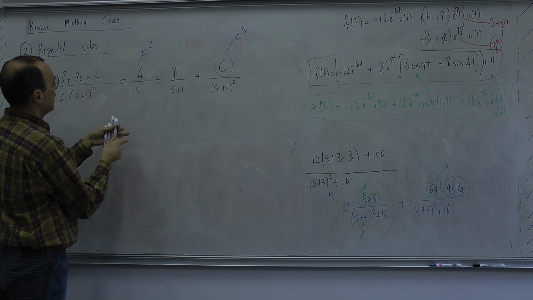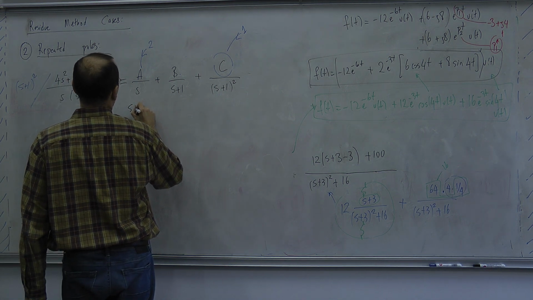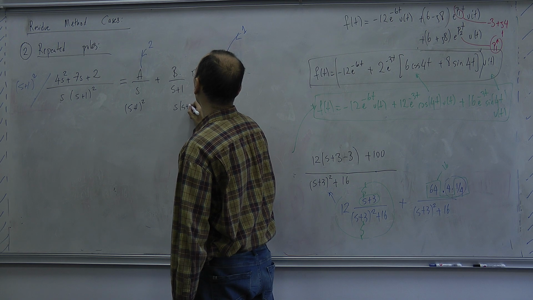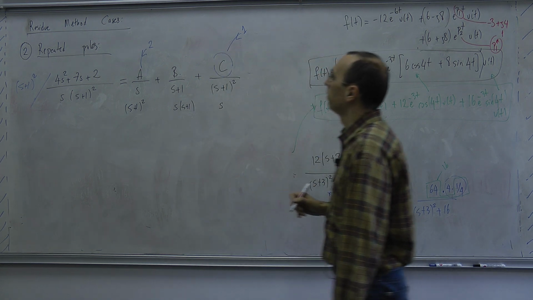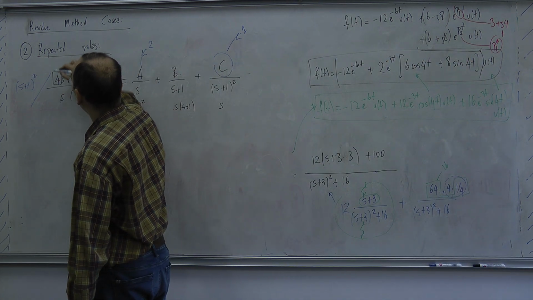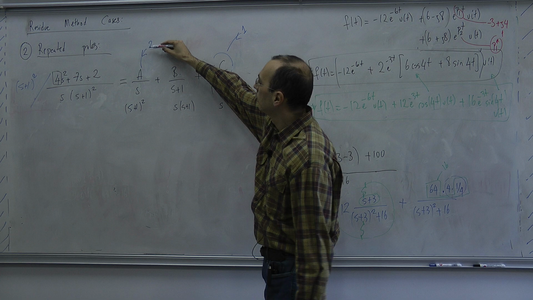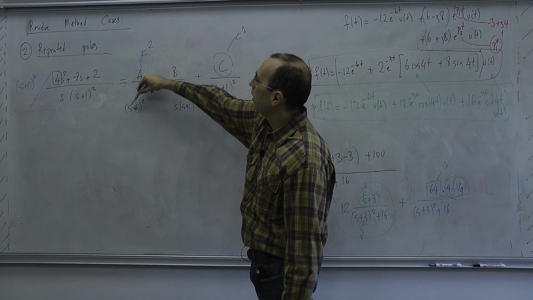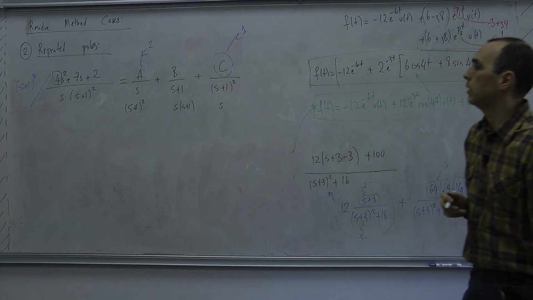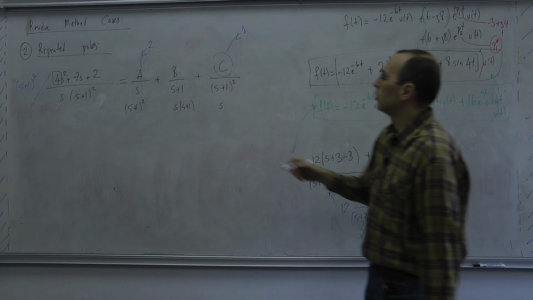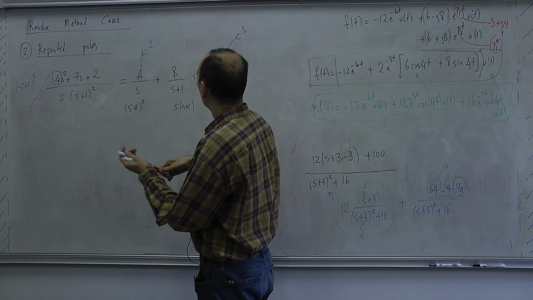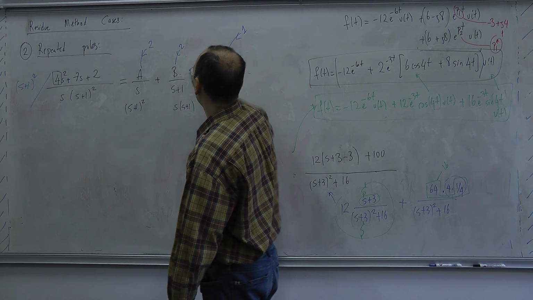So if I multiply this thing by s plus 1 squared, this thing by s times s plus 1, this thing by s, and I focus on this coefficient 4, I get a s squared, b s squared, and c s, as you see. Am I right? So I get a plus b should be equal to 4. Okay. So from here I get b as 2 also.